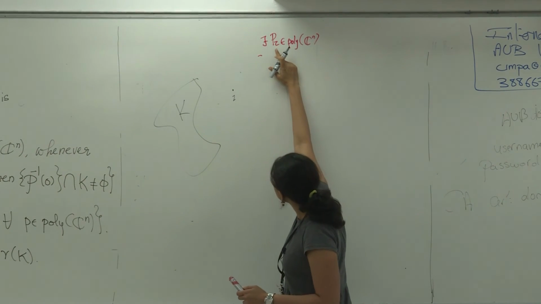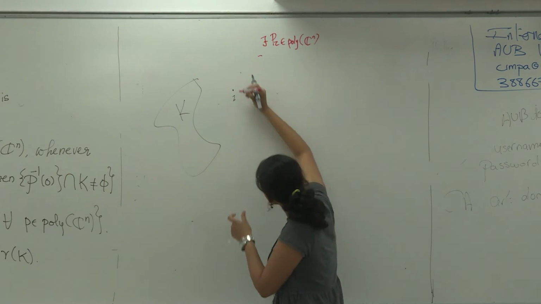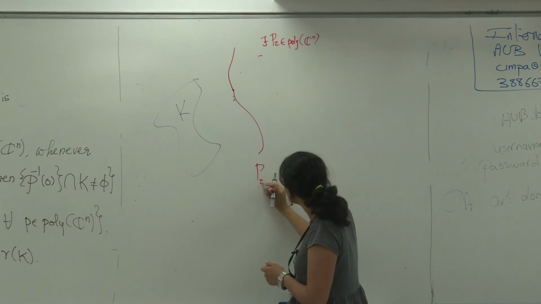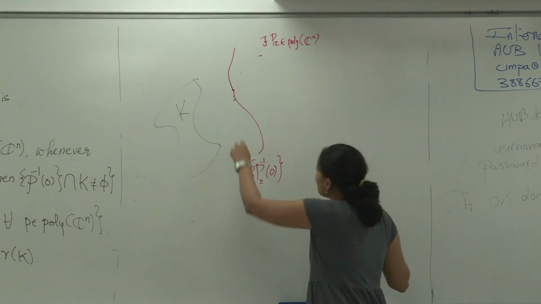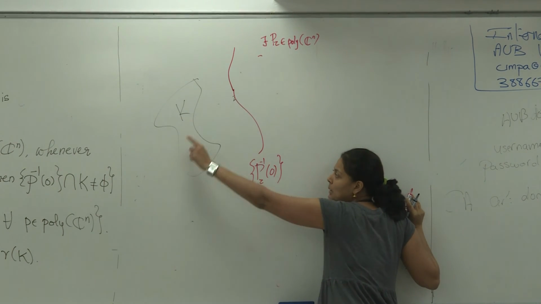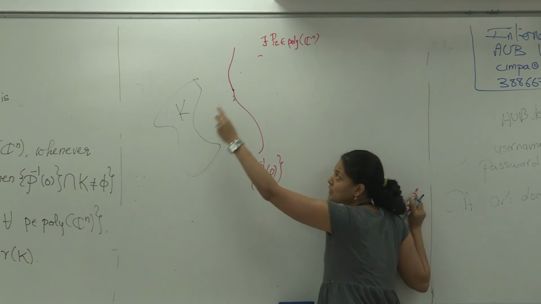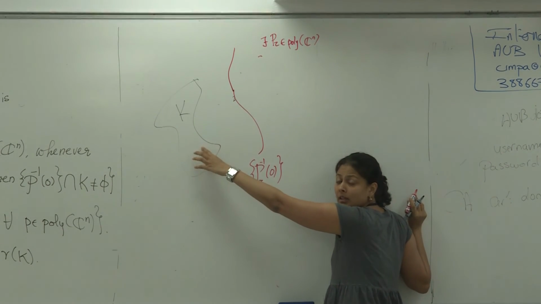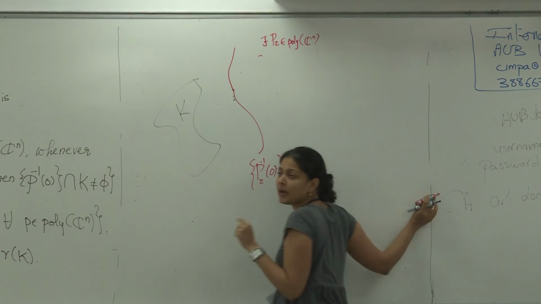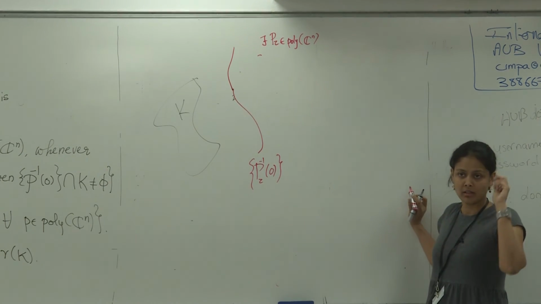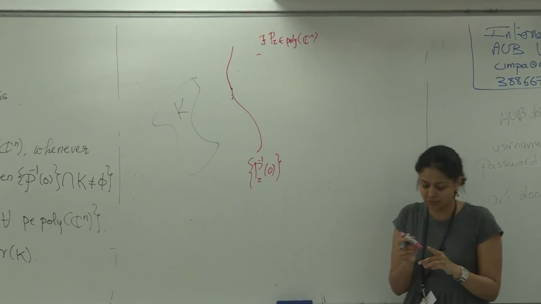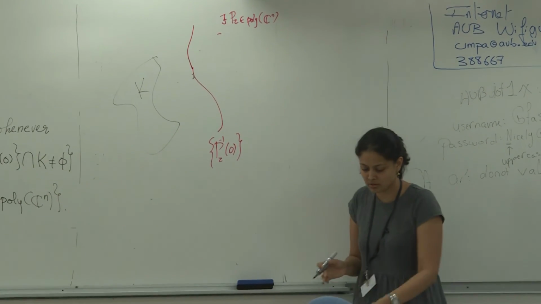The zero set of this polynomial passes through this point z, but it does not pass through K. So this is what I mean by separating this point from the set. And you can do this for each point. That is really the definition of rational convexity, presented in terms of pictures.